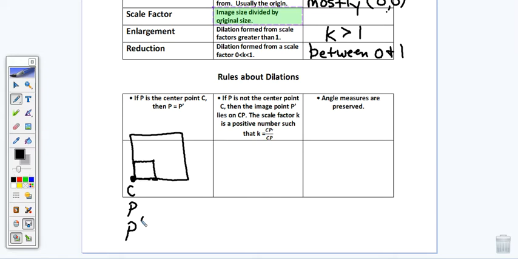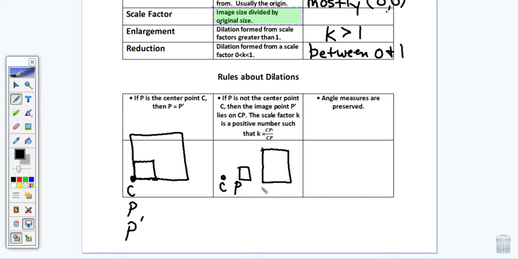Now, if P is not on the center point, then the image point P prime lies on the line CP, okay? Suppose that this is my center. Maybe there's a square here and a bigger one here. That's not a very good drawing. But if this was P, you agree this is the bottom left point of the little square? So what point would this match in the bigger square?